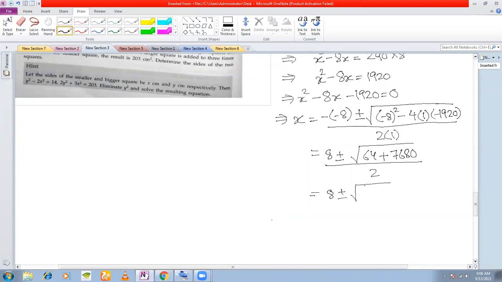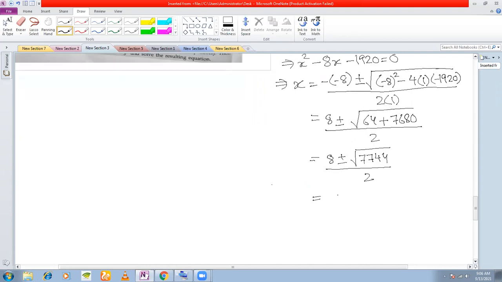Which is, if you add 64 and 7680, you'll get 7744 divided by 2. Now you can find out the square root of 7744 by division method to get 88. Taking positive sign, x is equal to 8 plus 88 by 2, which is 96 by 2, which is equal to 48.